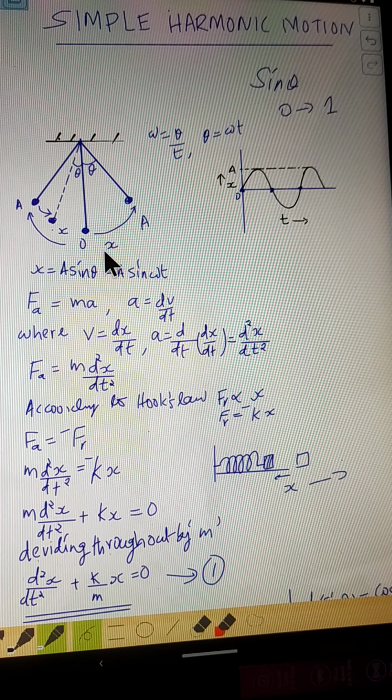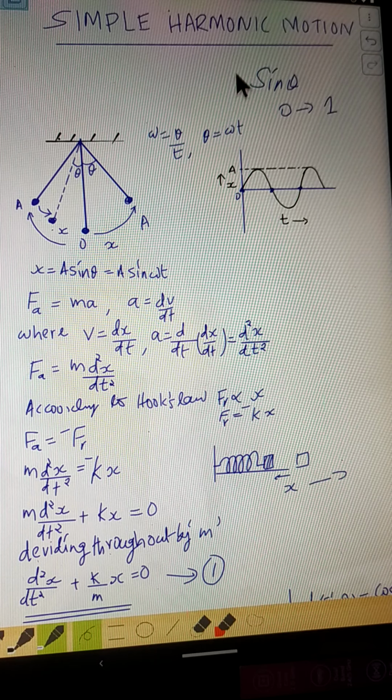So the displacement is such that its value changes between 0, the maximum value, the minimum value and the maximum value again within definite intervals of time. So to represent such a displacement, we need a function which is also varying between its minimum value and maximum value within definite intervals of time.